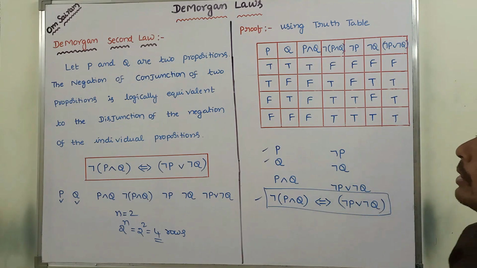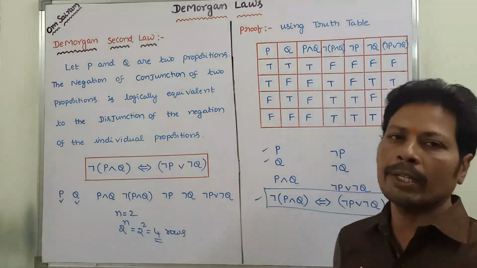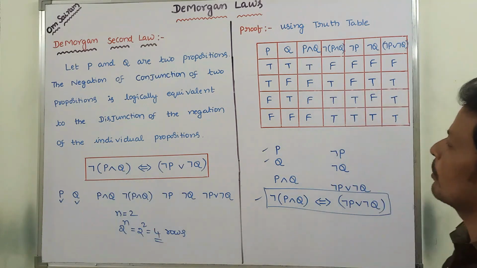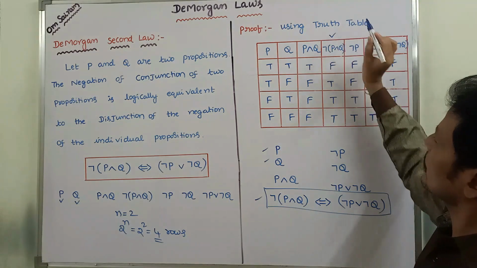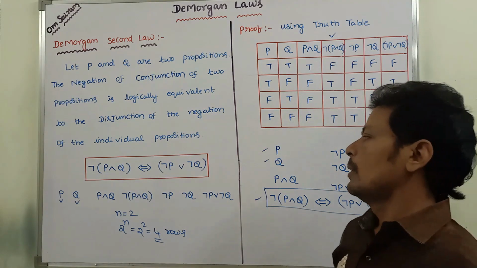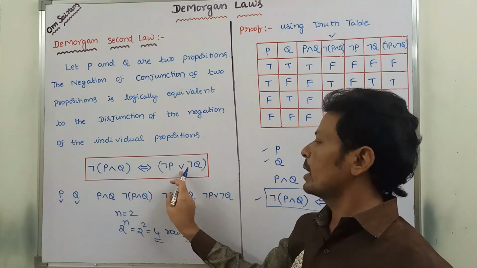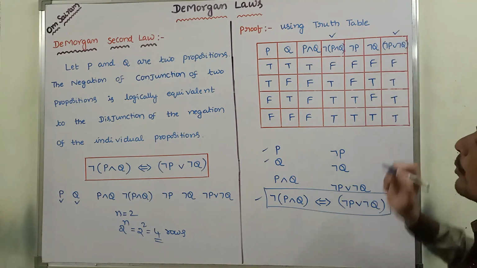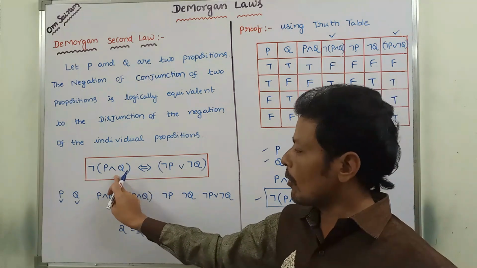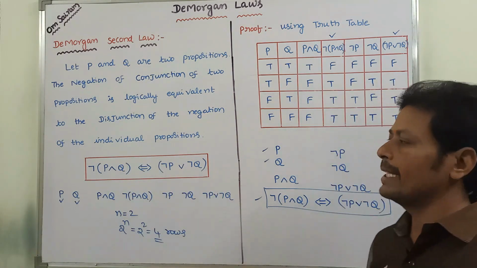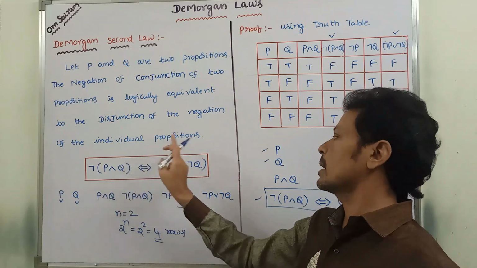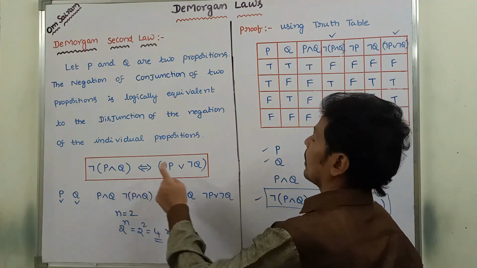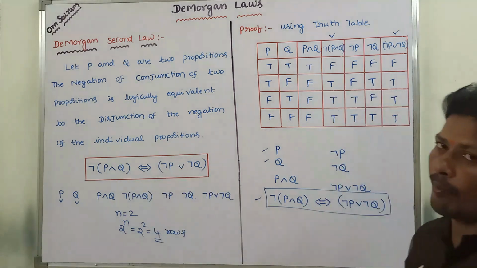Okay. So this is the logical equivalence symbol. Before the logical equivalence symbol, the compound proposition is negation of P and Q. After the logical equivalence symbol, the compound proposition is negation P or negation Q. This compound proposition is logically equivalent to that compound proposition whenever both contain the same truth values.